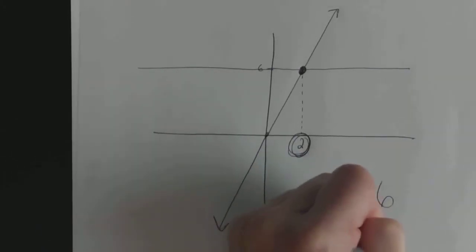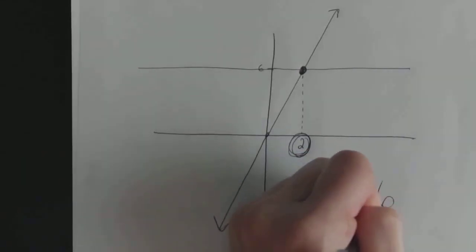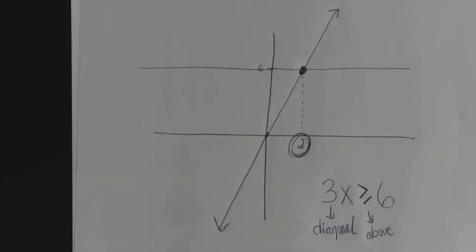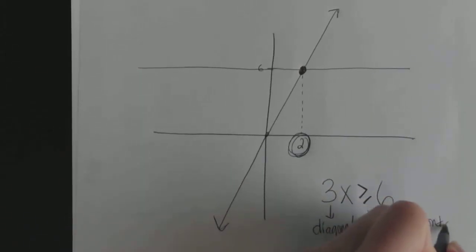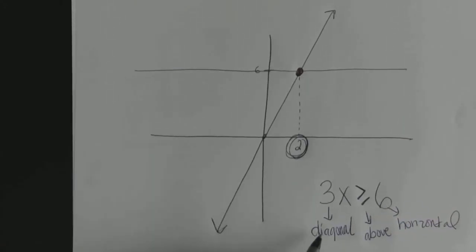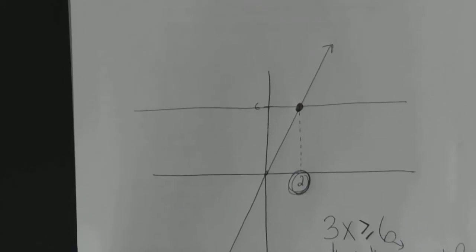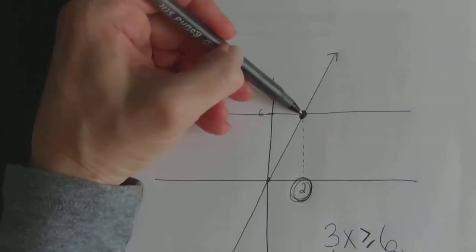We want to know where the diagonal line, because 3x is the diagonal line, is sitting above, since greater than or equal to means above, the horizontal line, because y equals 6 is horizontal. So we're looking for where the diagonal line sits above the horizontal line.